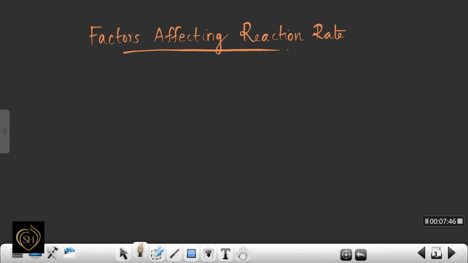The next topic we have to discuss is factors affecting reaction rate. So what are the main factors which affect the reaction rate? First of all, nature of reactant. The rate of a chemical reaction is influenced by the nature of reactant. Second one is concentration of reactant.